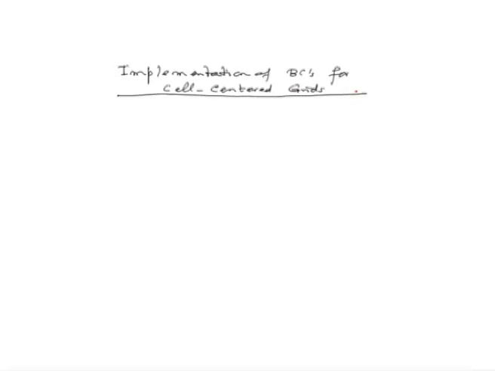In fact, this concept we have already seen earlier when we dealt with the cell centered finite difference formulations. I would just repeat the basic approach which we use for implementation of boundary conditions in this case.